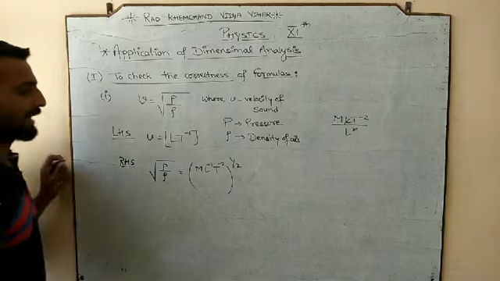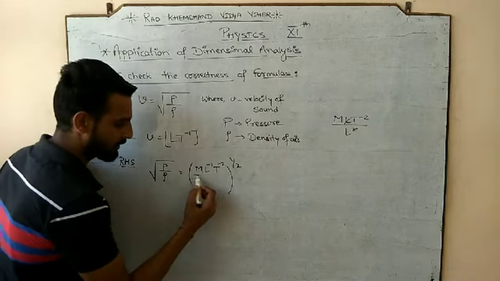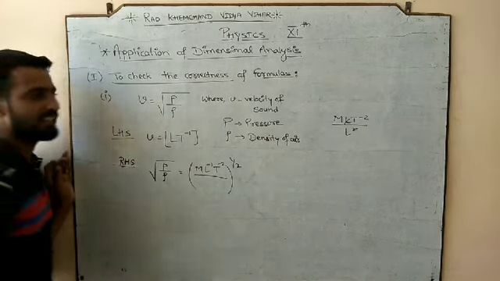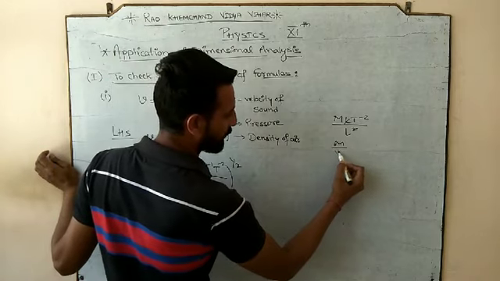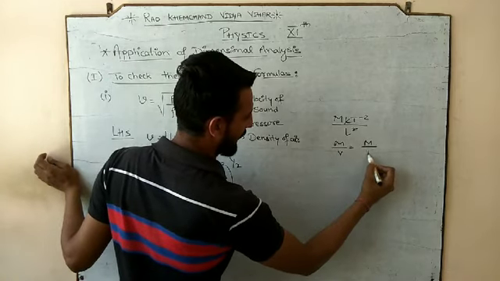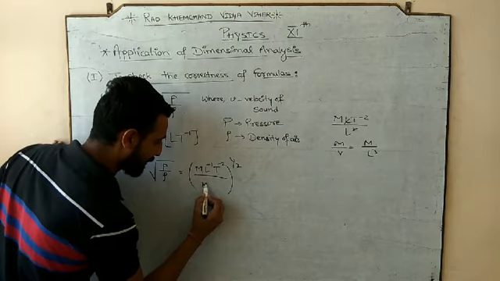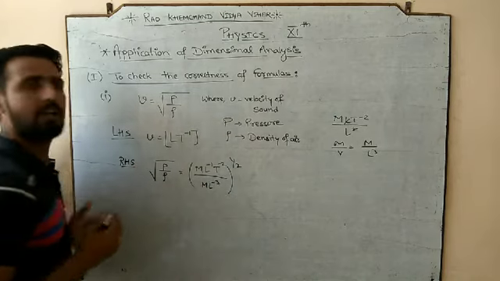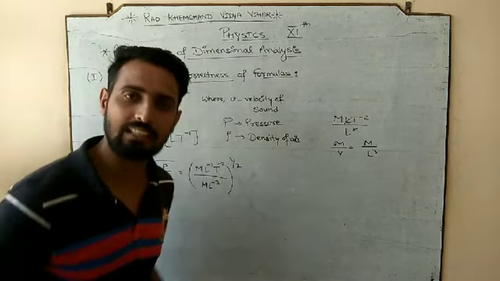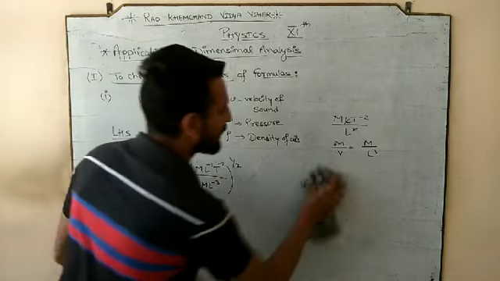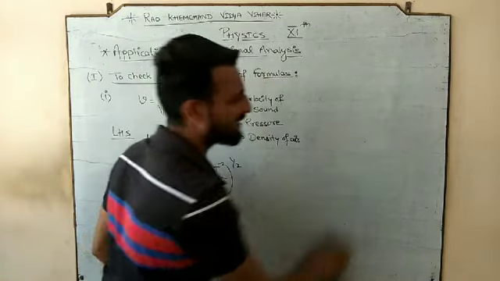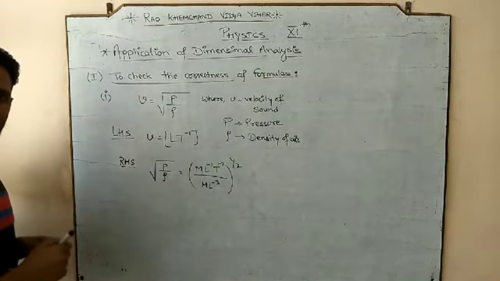This is the dimension of pressure. Now divide by density. Density is mass per unit volume, so it is M by L cube, which is ML minus 3. You can do this work on the rough side, but after that please rub it out. So we have the solution.